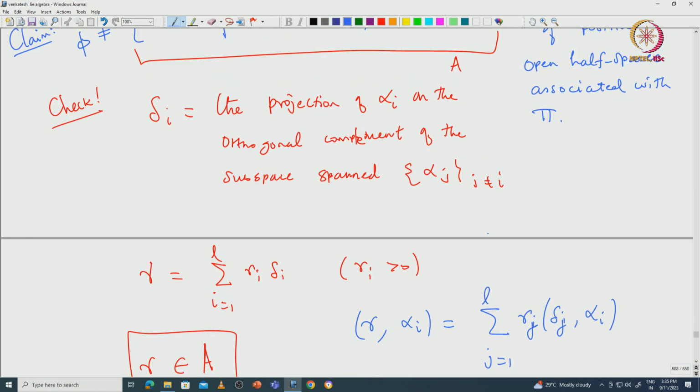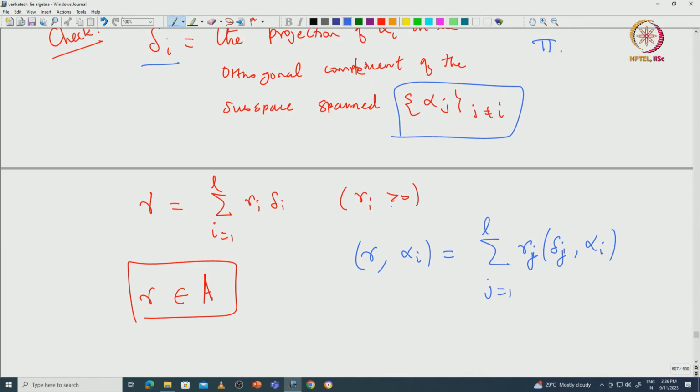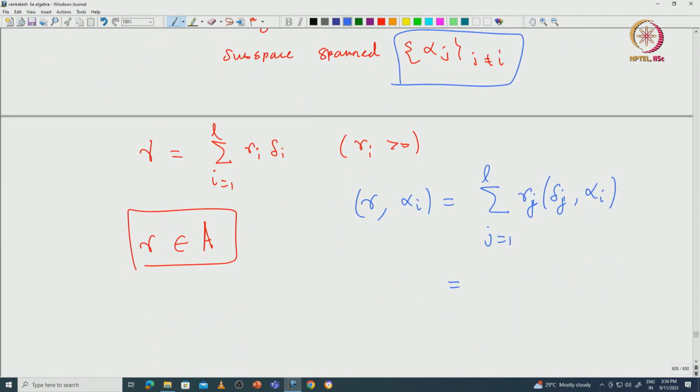Now, since this delta I is the projection of alpha I on the orthogonal complement of the subspace spanned by this, that means this delta I will be orthogonal to alpha j for all j not equal to I. So all these delta j alpha I will be 0.